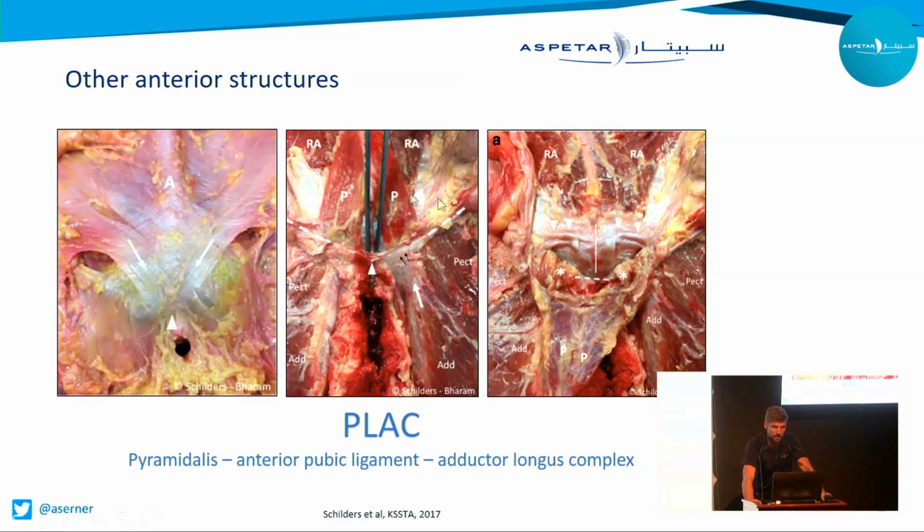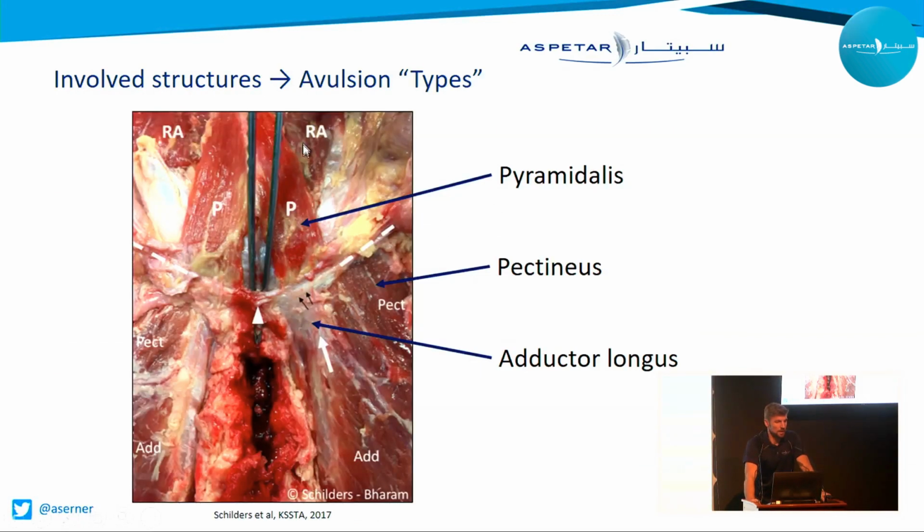And if you remove that, you can see the rectus abdominis muscle behind that inserting into the superior pubic bone here with just a tiny extension of the internal tendon across the pubic symphysis. But we have the adductor longus out here on the side, as you can see here on these images.